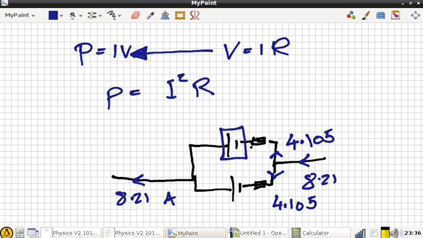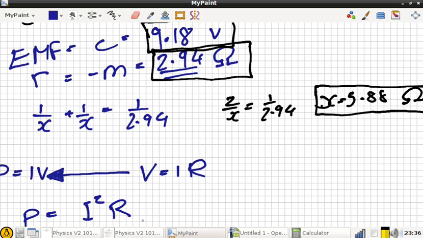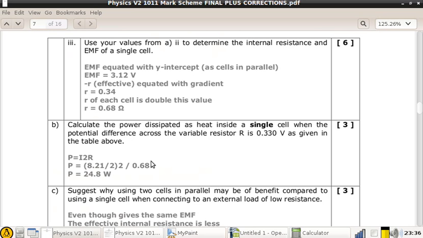Do we know the r? Well, we do. We have the r for the battery. This is really our battery here, and this is really our battery here. And the r, I have it from earlier. It is 5.88 and not 0.68. And not divide, it should be multiply as well.